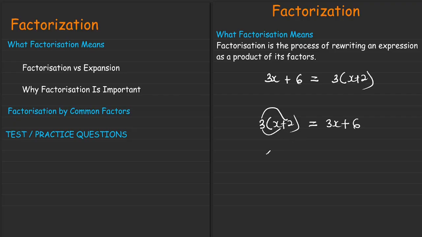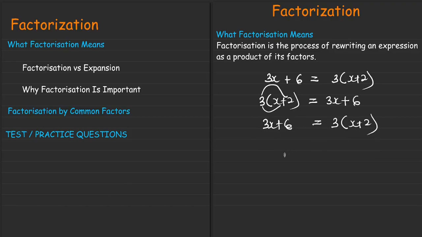But under factorization, you would rather have 3x plus 6 being factorized as 3 into bracket x plus 2. So what we had as the result of the expansion is factorized back to give us what we have over here. So factorization is simply the opposite of expansion.